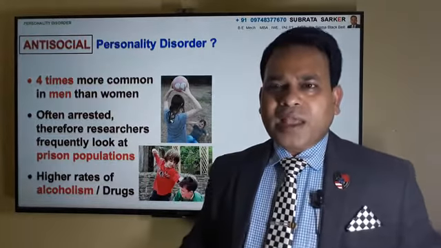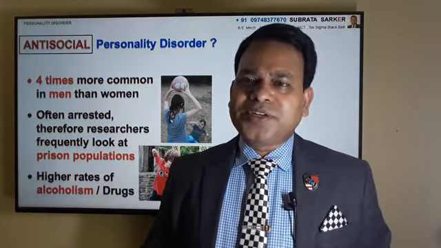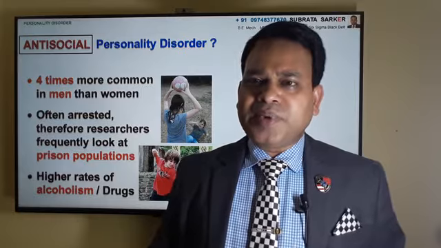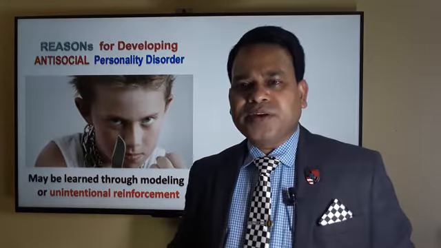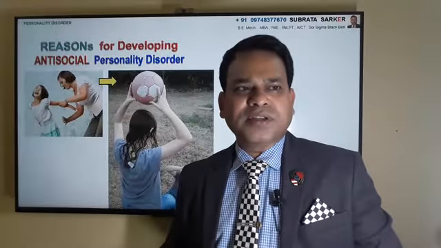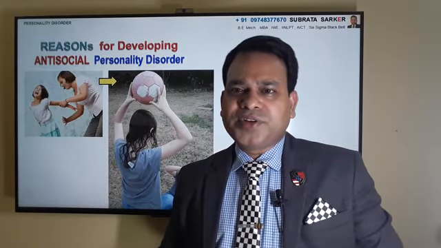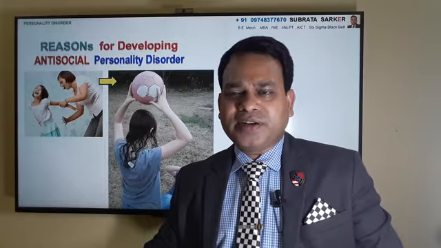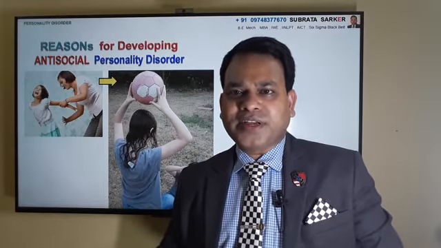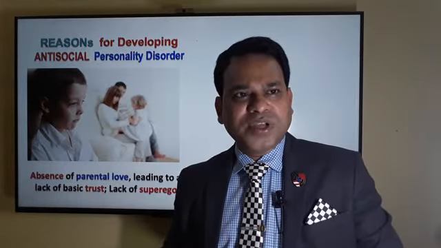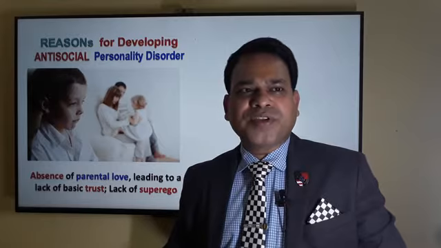And antisocial personality develops four times more in males than in females, as I can say from this picture. These things develop during childhood, reflect in adulthood, and continue if people don't take care of it.